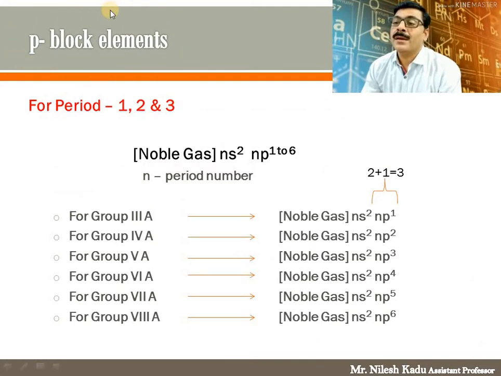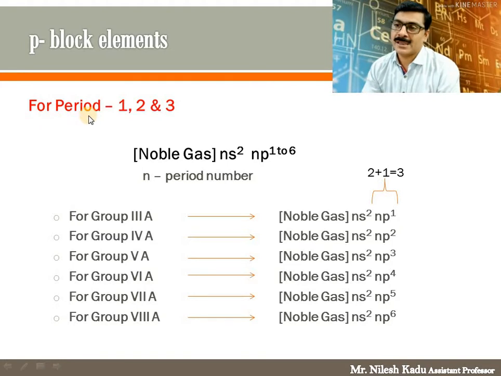Now how to write the valence shell electronic configuration for P block elements? Friends, the valence shell electronic configuration of P block elements also depends on the period number of the given element, and here it is classified into 3 types depending on the period number.